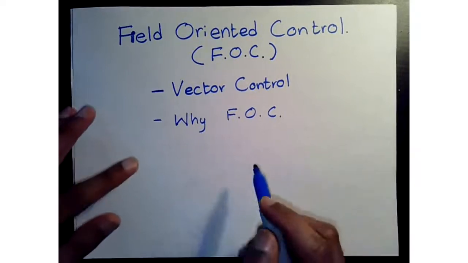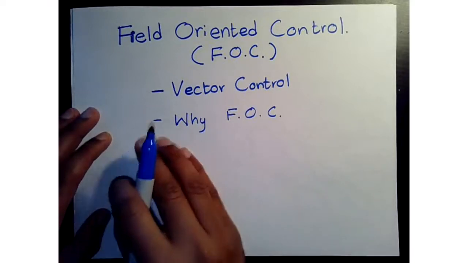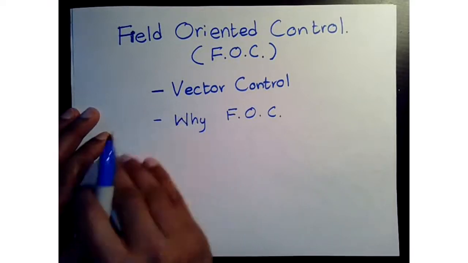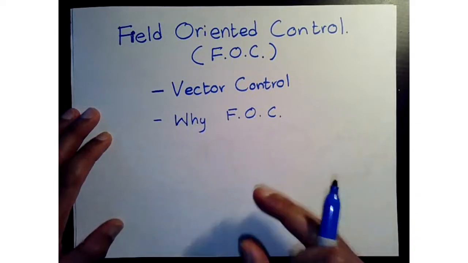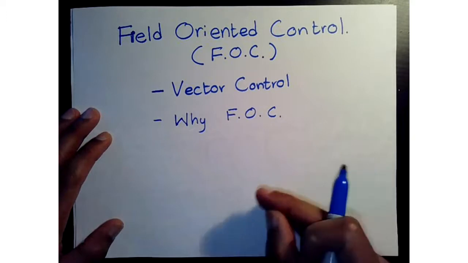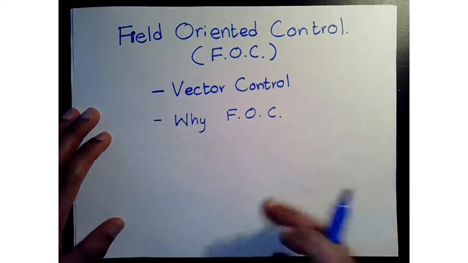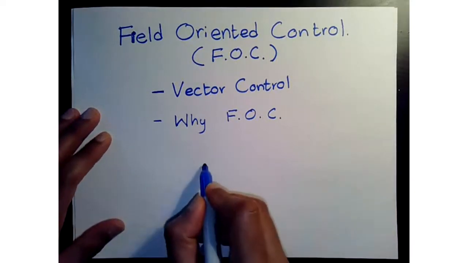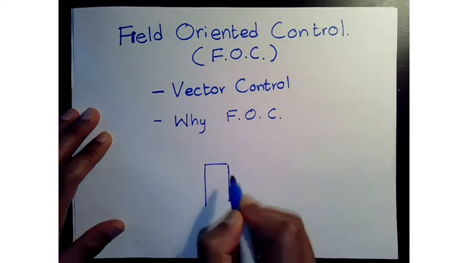Okay, so I know we talked about the rotating MMF that's generated by the stator, the rotating flux vector, right? And then we said we have the rotor flux vector, which is established by the permanent magnets, right? So we have a permanent magnet rotor.